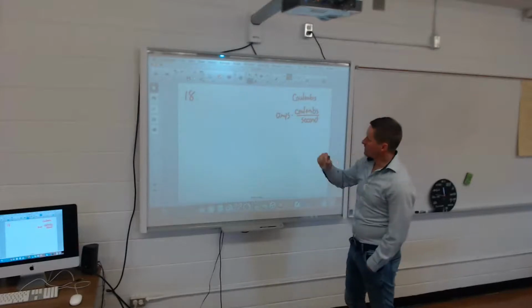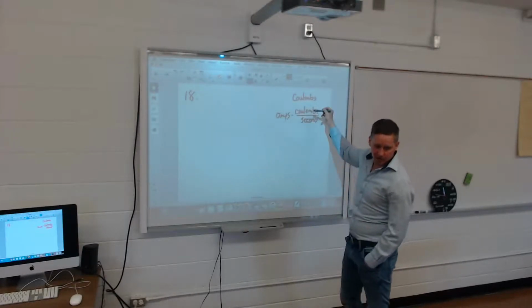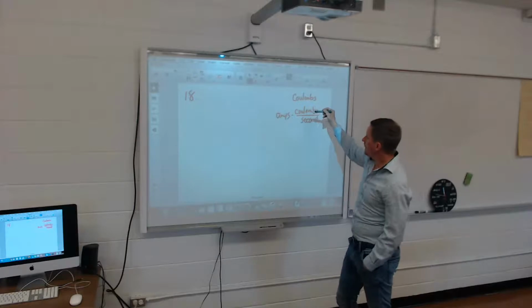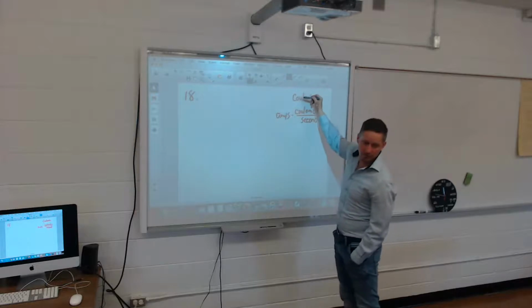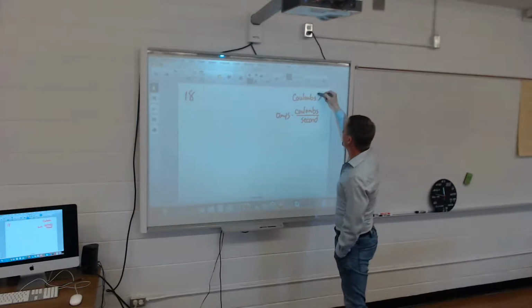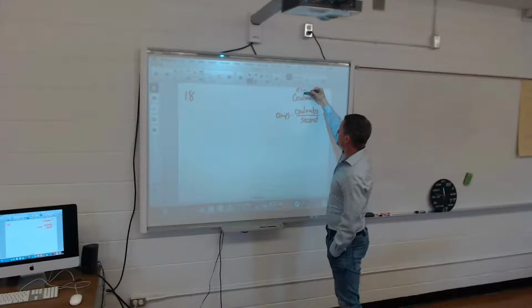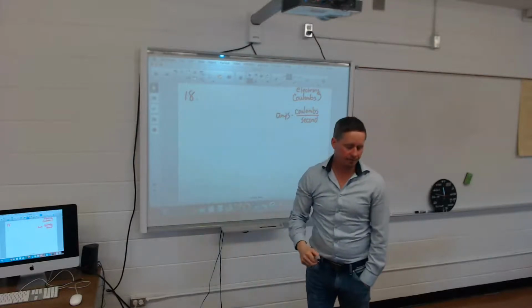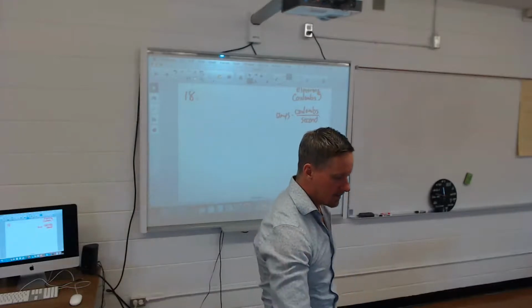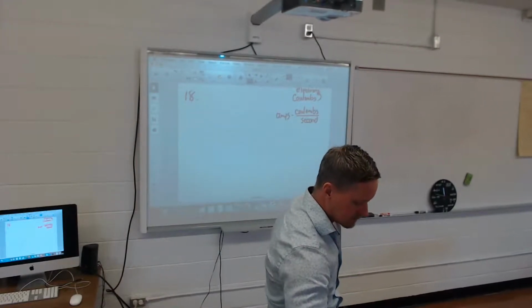So I go from an amp, which is coulombs per second, and when I find out the number of coulombs going through over that amount of time, I get coulombs, and then from coulombs, I get electrons, using my conversion. So the first thing I want to do, Mary, is find out my amps.